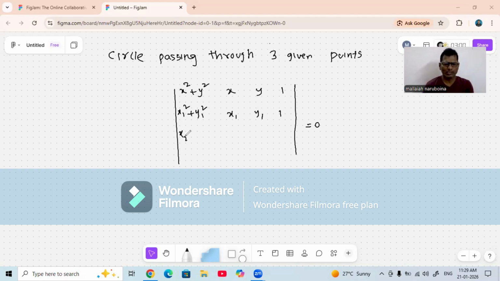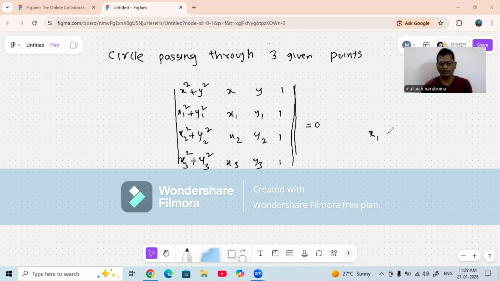Here x2 square plus y2 square, x2, y2, 1. x3 square plus y3 square, here x3, y3, 1. Using the determinant method, we can get the equation of a circle when 3 points are given.